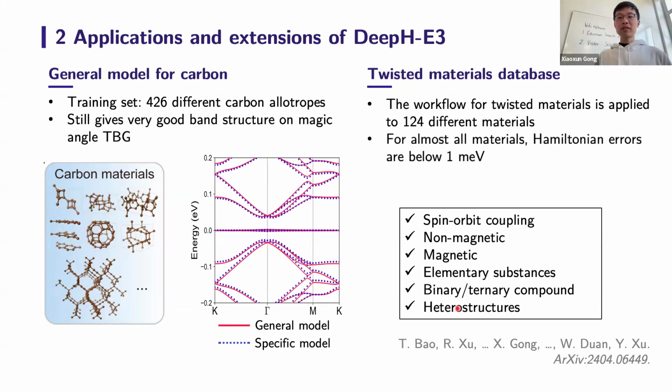For almost all of these materials in the twisted materials database, the errors of the Hamiltonian are below 1 milli-electron-volt, which is very good since all of the physics happens on the energy scale of eV in condensed matter physics. And we only need one model for each material. We only need one model for different twist angles because once we train our model, we can predict the Hamiltonian on all twist angles instead of doing computation on all different twist angles.